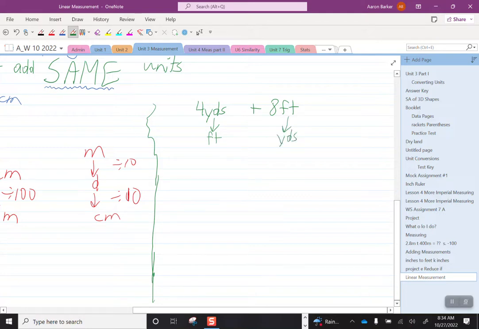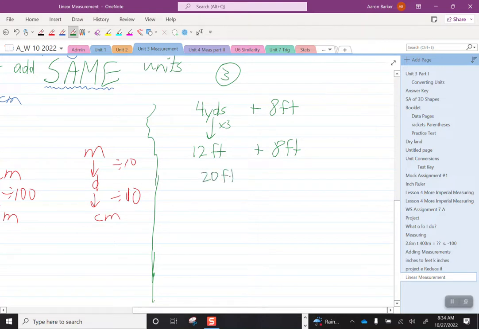Which one did you guys want to convert, feet or yards? You want to convert to feet? Sounds good. So converting to feet, the second one stays the same. It's already in feet. From yards to feet, 3 is the conversion factor, and so you times by 3, so you get 12 feet. And that equals what?